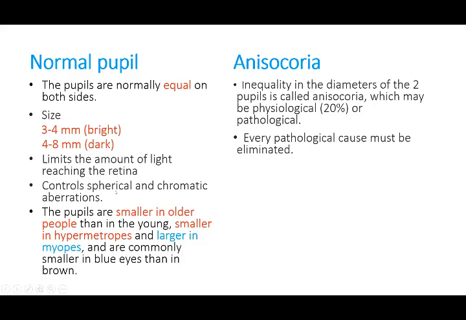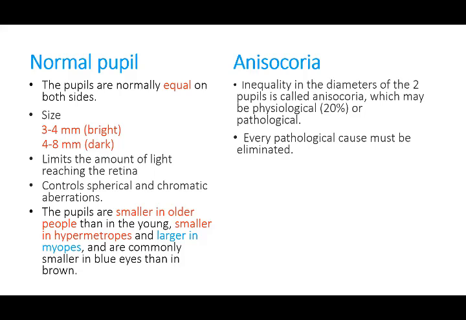It also controls spherical and chromatic aberrations. Those who wear glasses can understand this better: when you are not wearing glasses, you squeeze your eyes, make pupils very small, and then you are able to see clearly. So that is the function of a normal pupil.